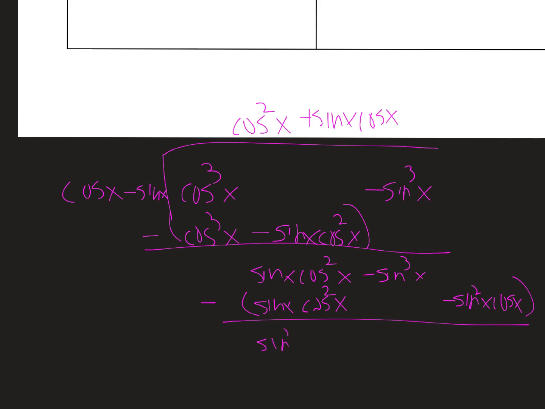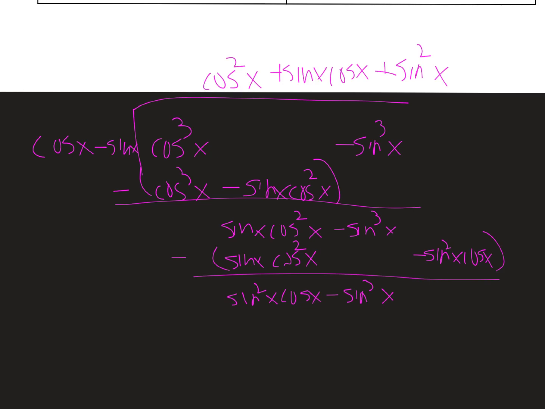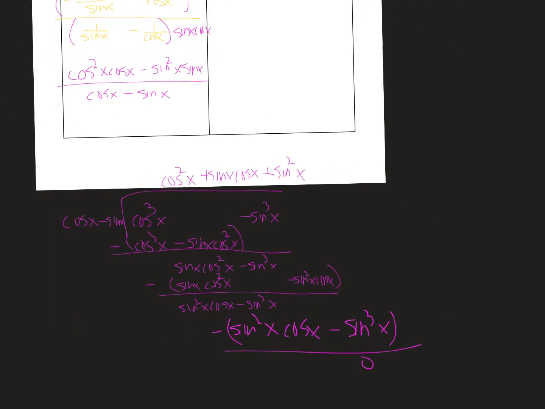You wind up with sine squared cosine x minus sine cubed. And then if I multiply by sine squared, hey look, it worked out. How sweet. Distribute that, and that's going to be sine squared cosine x minus sine cubed. Subtract down, and I get 0. So I use like a polynomial long division thing. So when I divide that out, I get that big thing.